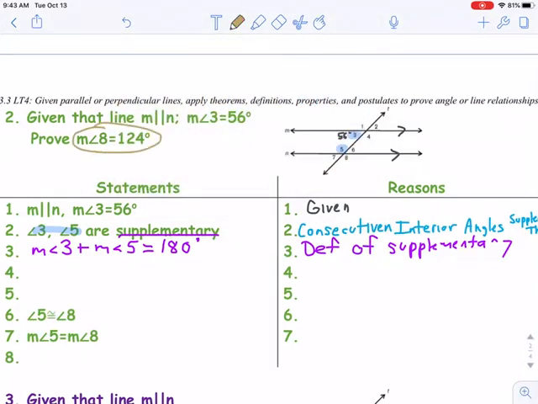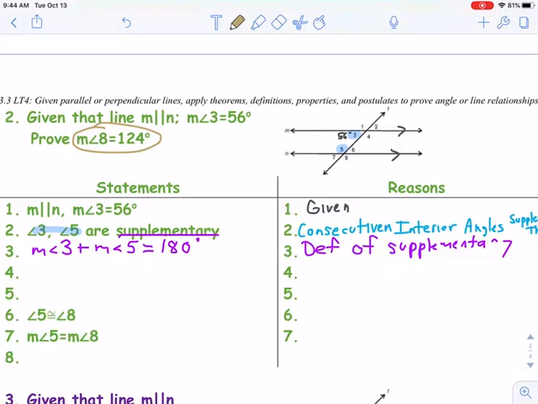My punchline, my final conclusion, is going to be talking about angle 8. So how can I get angle 8 in here? Well, let me think about how I want to do this. Actually, let's do this first before I start to talk about angle 8. I got a little ahead of myself.